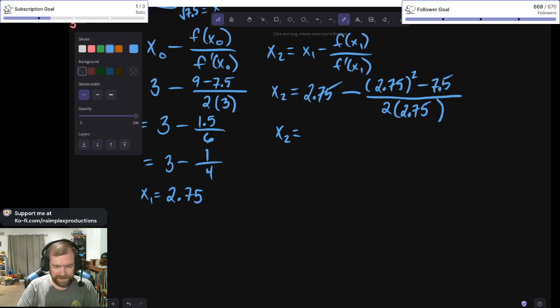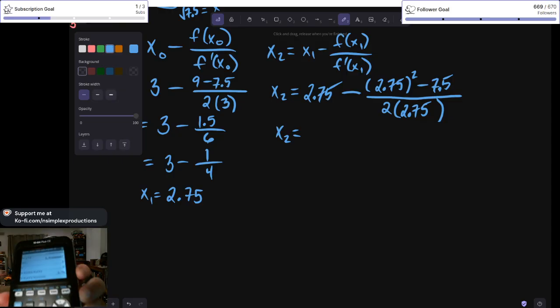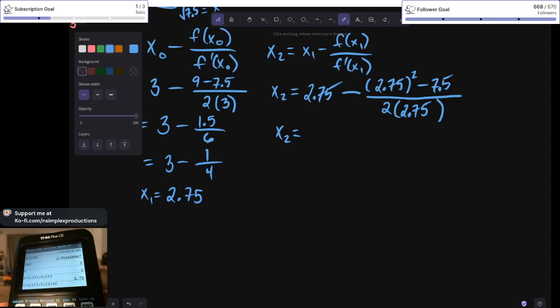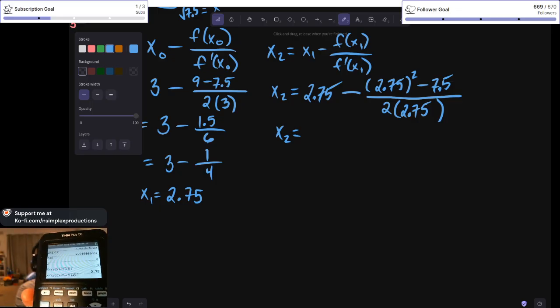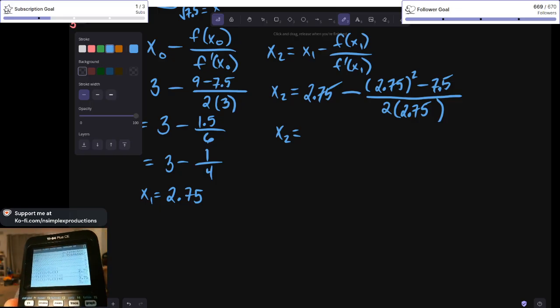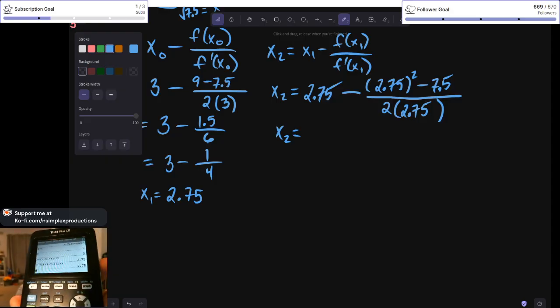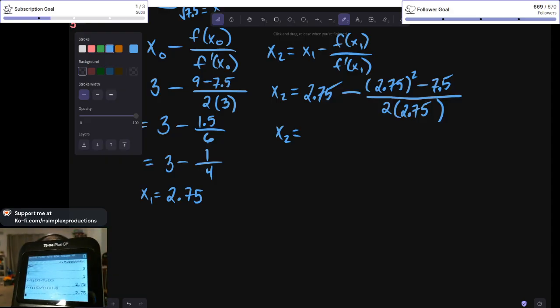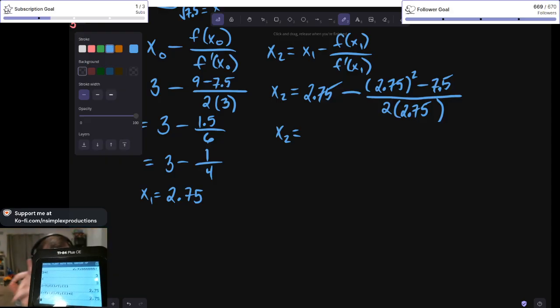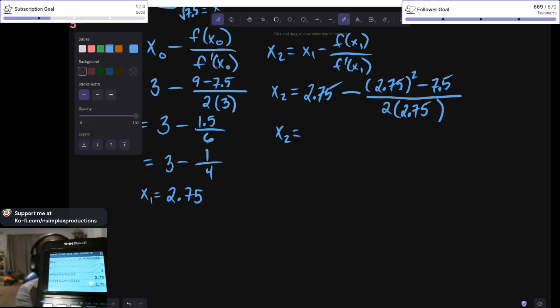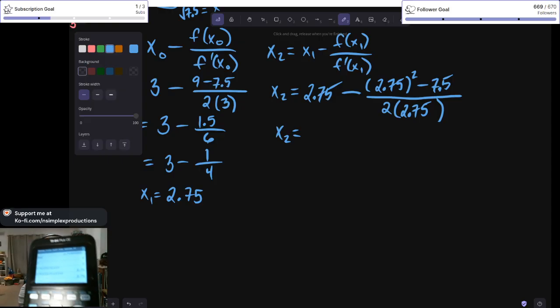No surprise there. Now if we go back and store this value back to x again, it will overwrite the 3, which means that it's still going to say 2.75, but that just means it now plugged in 2.75 for 3. So if we hit enter again, this is going to take 2.75 and plug it into all these values.